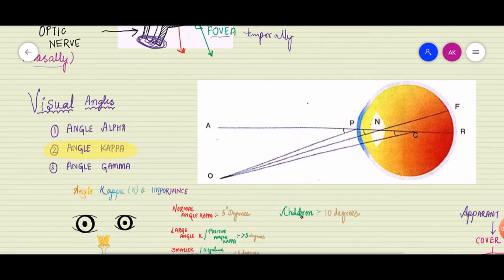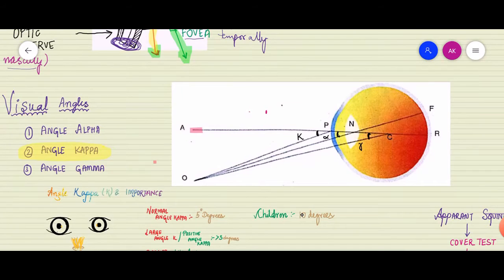Now the angle alpha is the angle which is formed between the optical axis and the visual axis. The optical axis over here is represented by AR and the visual axis is represented by OF.